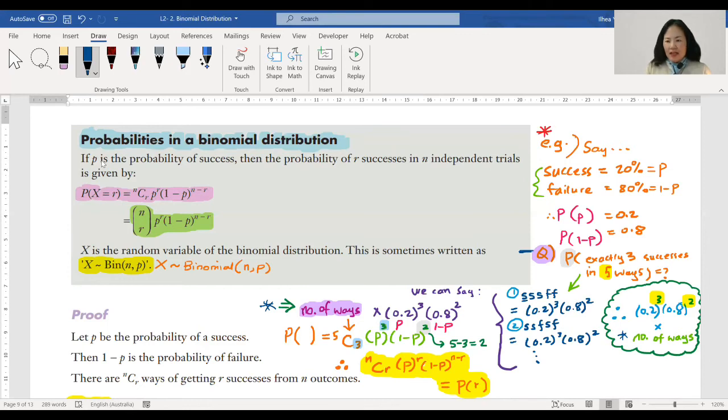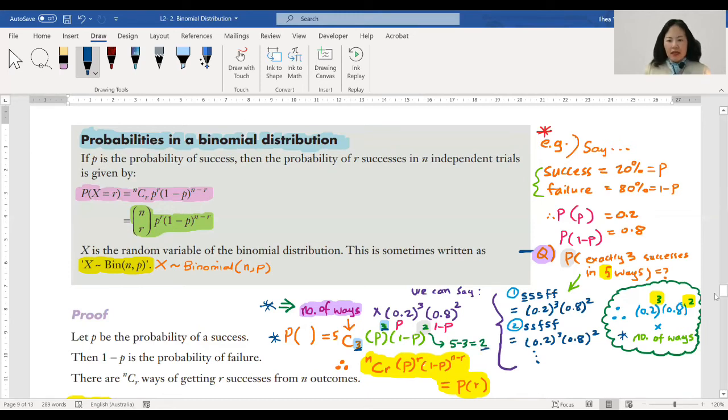And then 0.8 is failure, 1 minus P. So if I put that all in, I will go 5 chooses 3 because that will give us the number of ways. That's why we're doing combinations right now. And if you look at it, the 3 in 5 chooses 3 is the same as the power of the success. And then the power of failure, 2, is the difference between the total trials and the 3 successes.